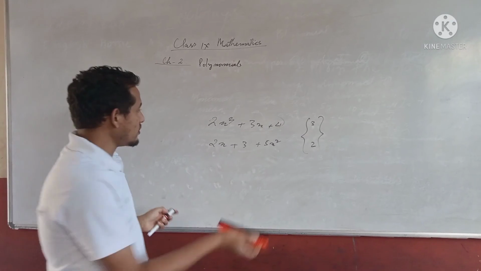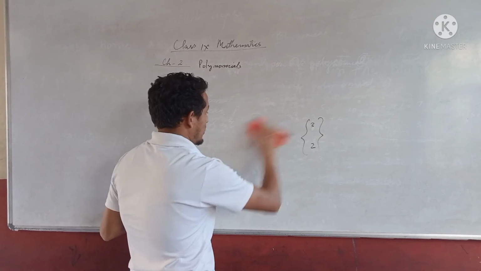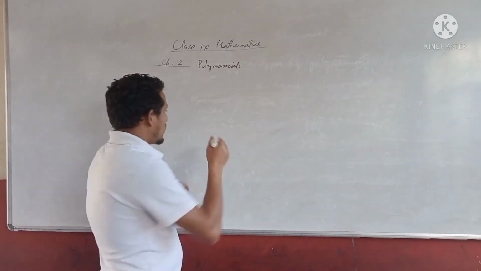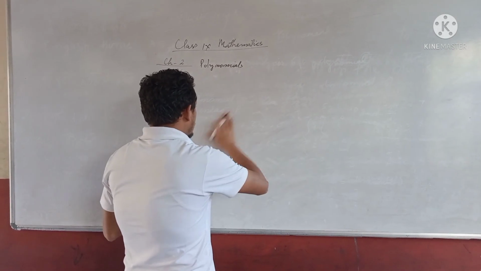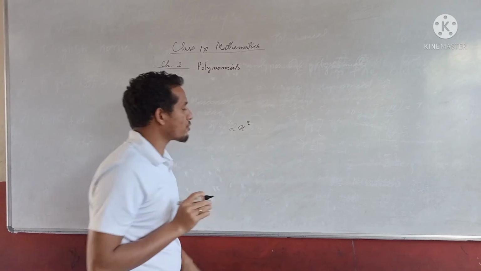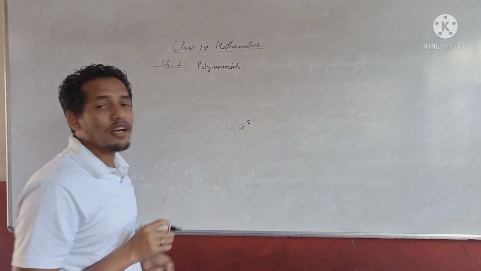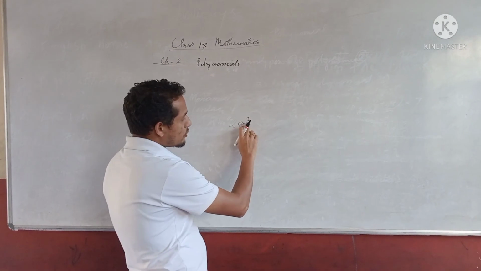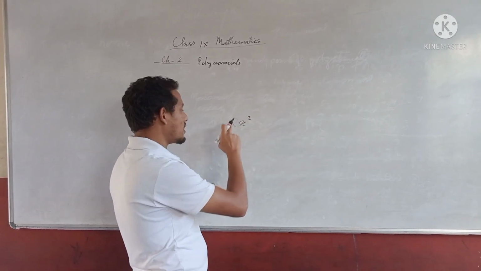Then one more point I want to explain. Take 2x square. From this polynomial, we are trying to name the parts separately. What do we call this one, and this one.